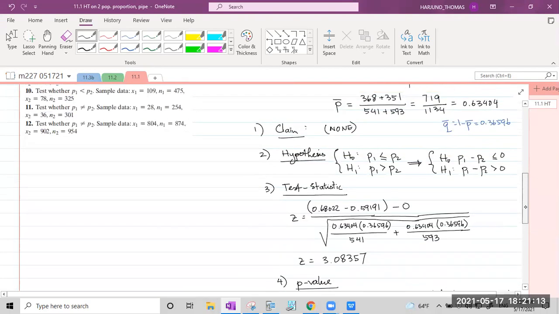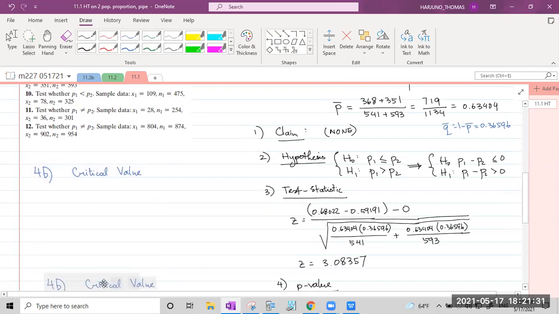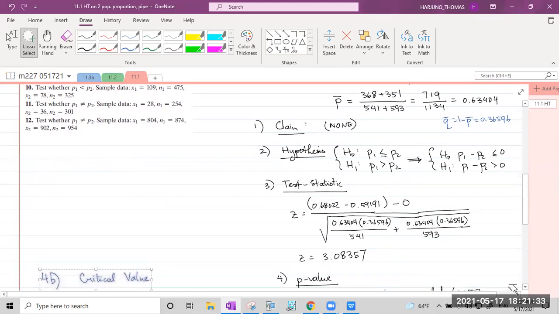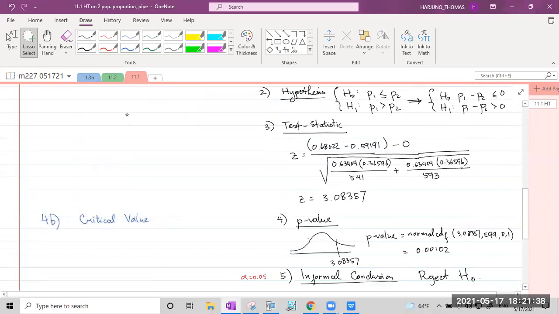Now, how about the critical value, 4b? It's a right tail, and we want 5%.